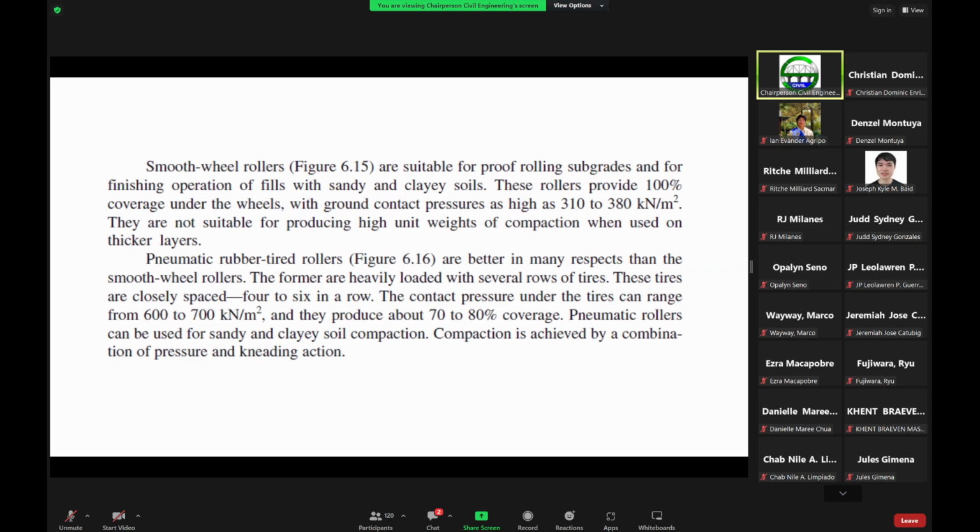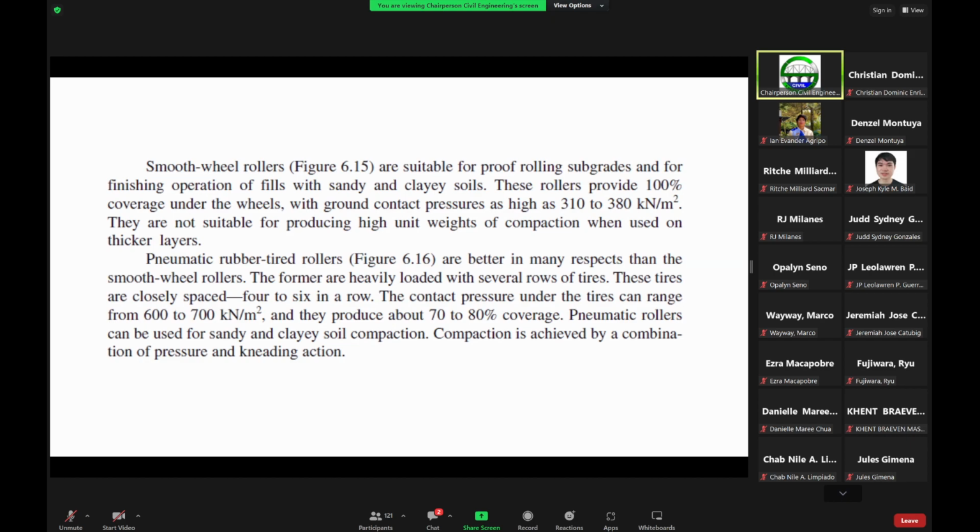I mean, with both granular and cohesive soils. Now, these rollers provide 100% coverage under the wheels with a ground contact pressure as high as about 310 to 380 kilopascals, or kilonewtons per square meter.